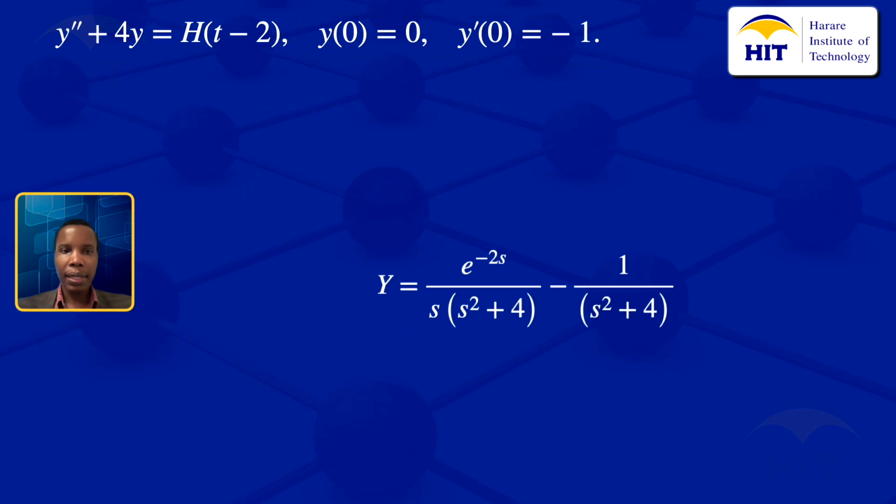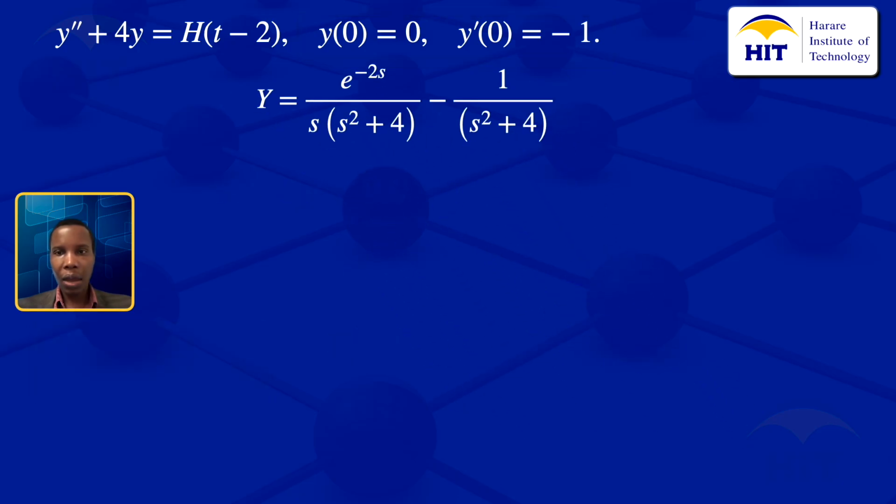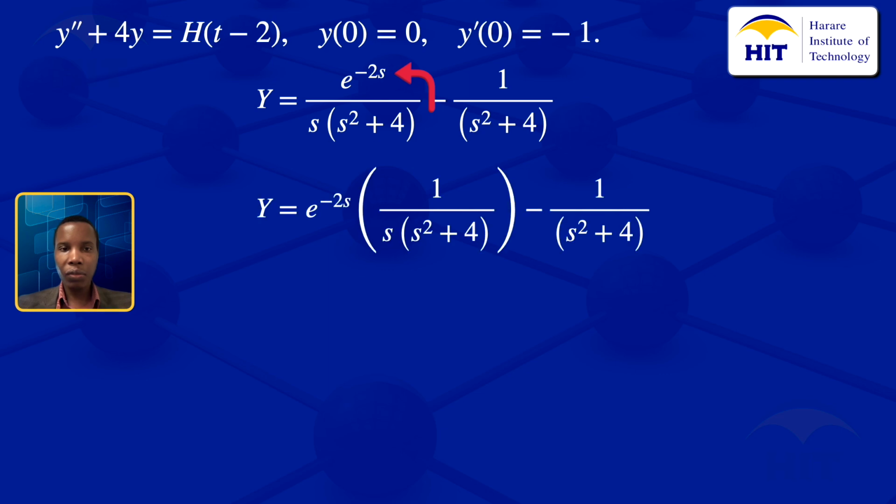I can factor out e to the power of minus 2s, so that Y equals e to the power of minus 2s multiplied by 1 divided by s(s squared plus 4), minus 1 divided by s squared plus 4. But if we look at this expression, we don't have any F(s) of this form, so we have to rewrite it using partial fractions.